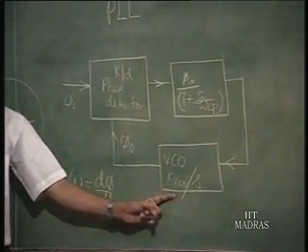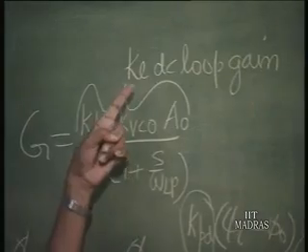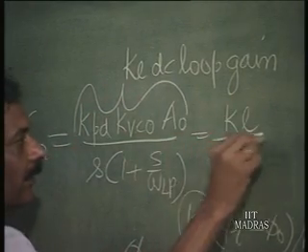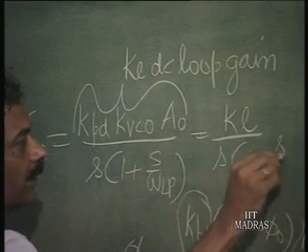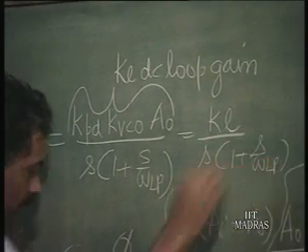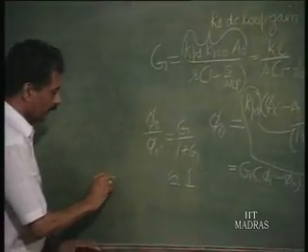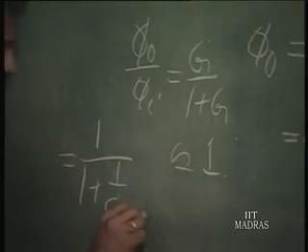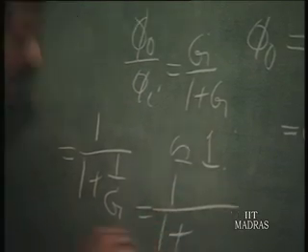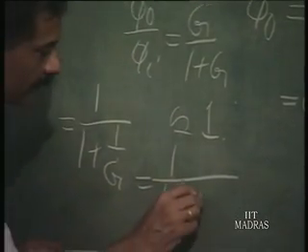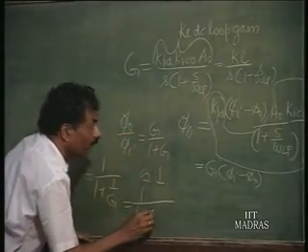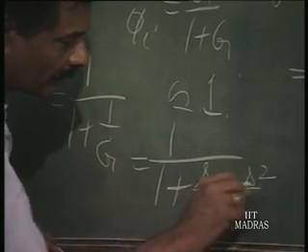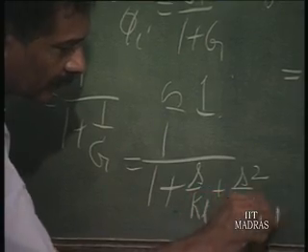So, G is equal to KL divided by S into 1 plus S by omega L. If you write therefore this equals 1 by 1 plus 1 over G, this is going to be 1 by 1 plus S by KL plus S squared by KL into omega L.